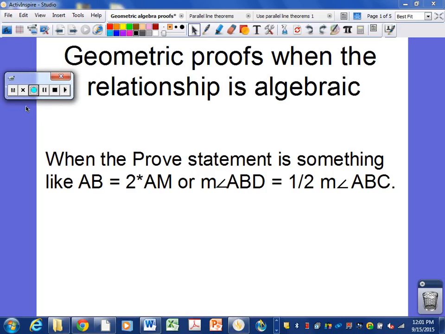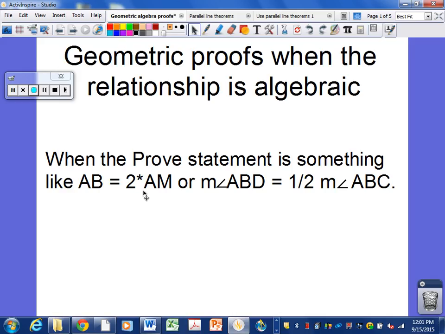Okay, so there's a family of proofs that are done that have relationships that are geometric. Sorry, that are geometric relationships that are algebraic. Okay, like here's a couple of relationships, like the length of segment AB is twice AM.